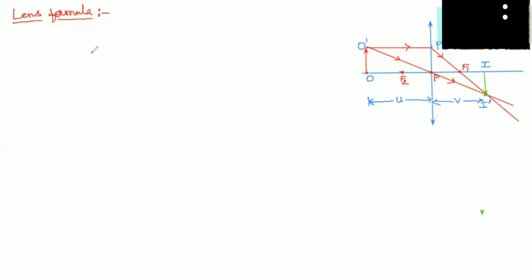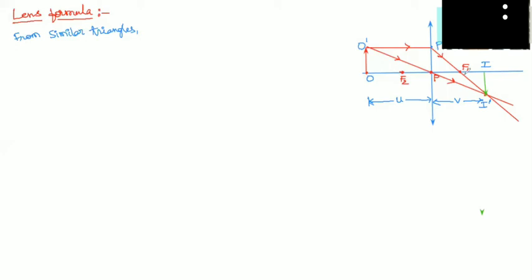Now in this, we will be using similar triangles concept. From similar triangles concept, what we can have is, there is this line P dash I dash, one line is there. By using this line two triangles are formed.